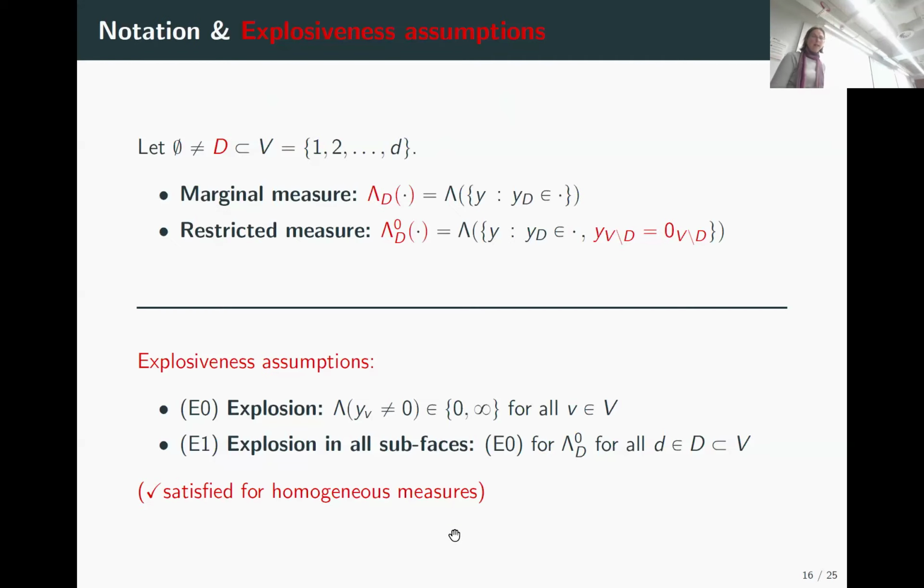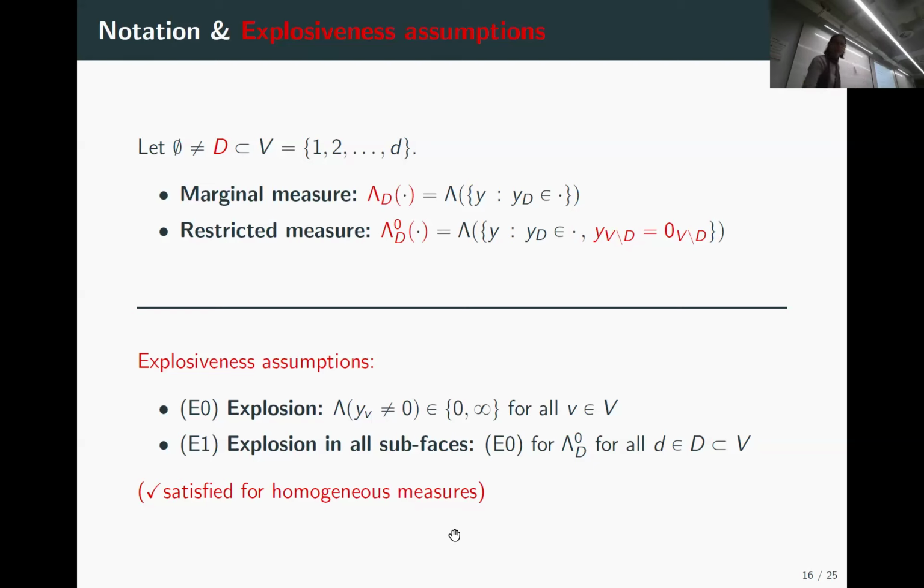Okay, and I apologize, I need to introduce a little bit of technicality in order to formulate some of our results. One thing that is very natural is looking at the marginal measure. If we wanted to restrict, for instance, just to two directions, then we can take the marginal measure.